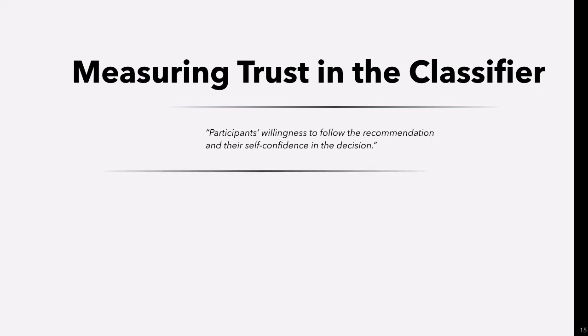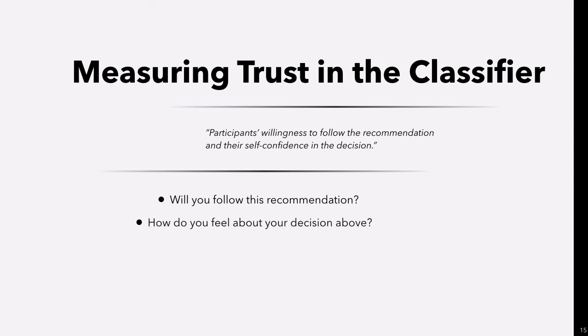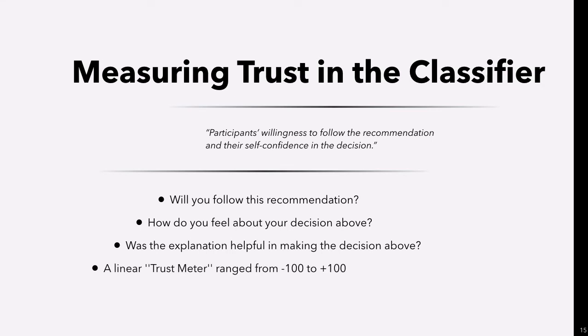And we ask 4 questions in order to quantify their trust. Will you follow this recommendation, and how do you feel about the decision above? Was the explanation helpful? And a trust meter which participants could adjust at any time to indicate the change of their trust.